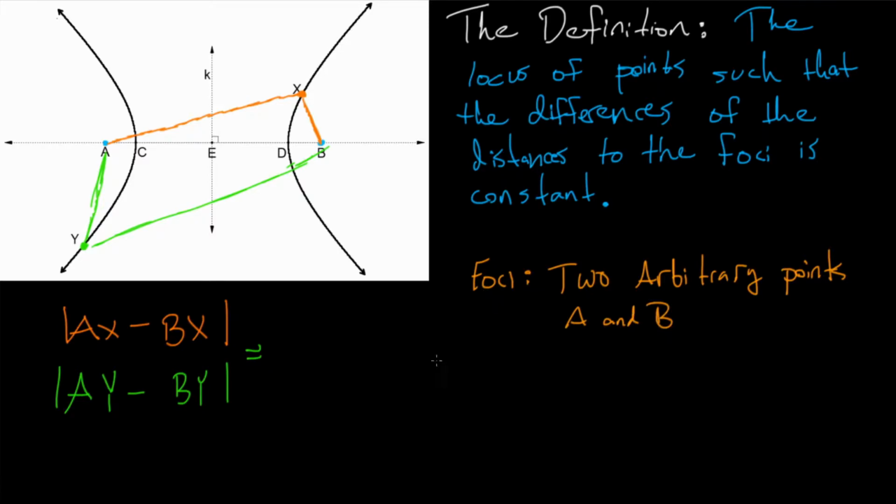All right, but some other important terms that come along with this, we have the center here, E. All right, how can we define this? Given all we have are the foci, the center is going to be the midpoint of points A and B, of the two foci.